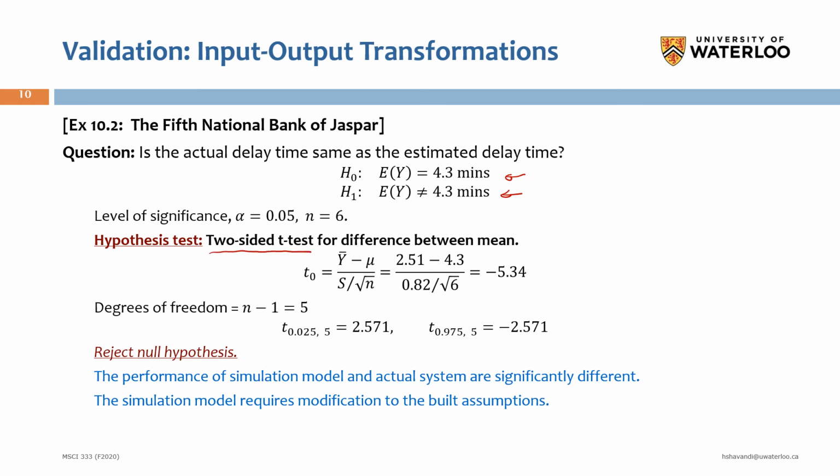So here we have the test statistic t0 as y bar minus mu over s divided by square root of n. So the y bar is the average obtained from the sample data from the simulation model, and the mu is the real average from the real system. S is the standard deviation obtained again by the sample data, and n is the sample size.